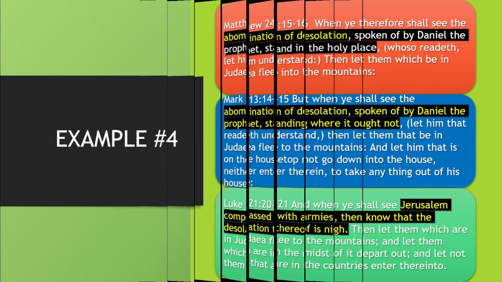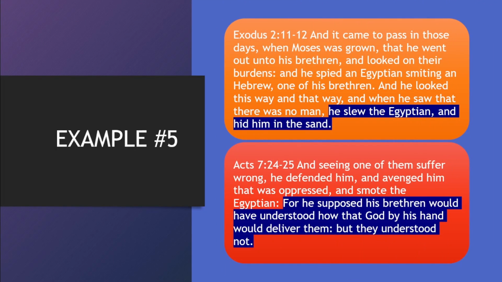In example number 5, there's something here. I wanted to add this example for a specific reason, because Acts' account of the story of Moses gives more details than Exodus' account of the story of Moses. Watch this. Notice that in Exodus, Moses simply kills the Egyptian and hides him in the sand.